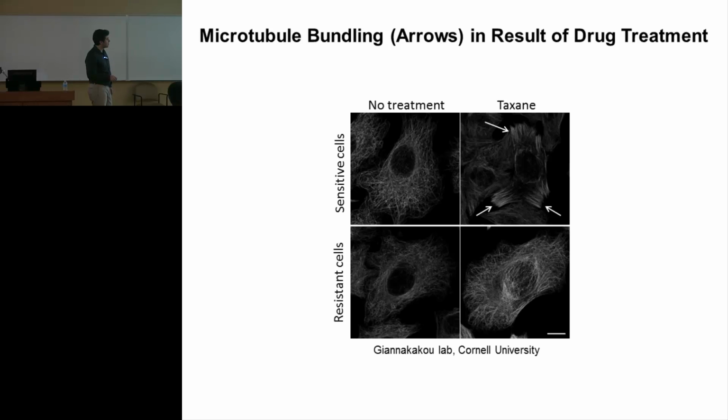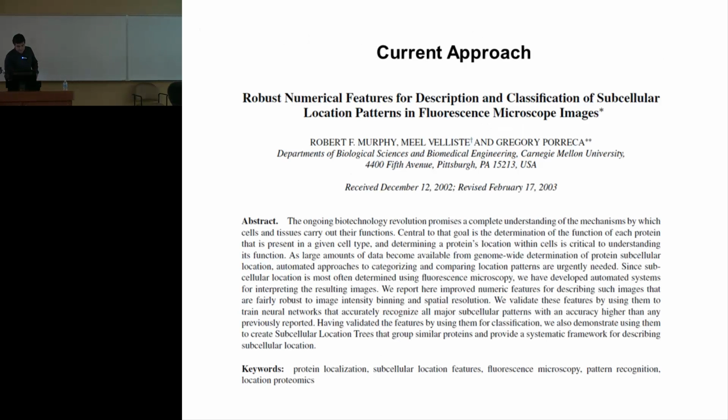So you see here, a resistant cell does not change, and a sensitive one has these bundles that we can quantify. What I use in this context is a platform developed by Robert Murphy at Carnegie Mellon University to describe these changes in the network with numerical features. They have this approach to classify these patterns of proteins in cells.